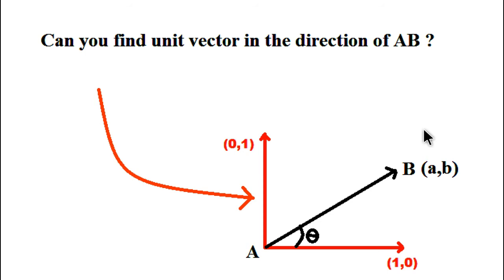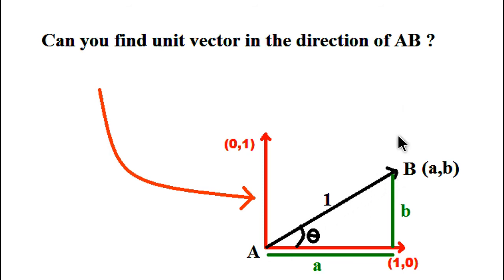Suppose that unit vector is AB. What is the length of this grid line? This is b. Similarly, the length of this line is a. We know that the length of the unit vector AB is 1. Therefore, we will consider the length of AB as 1. Now, what are the values of a and b?